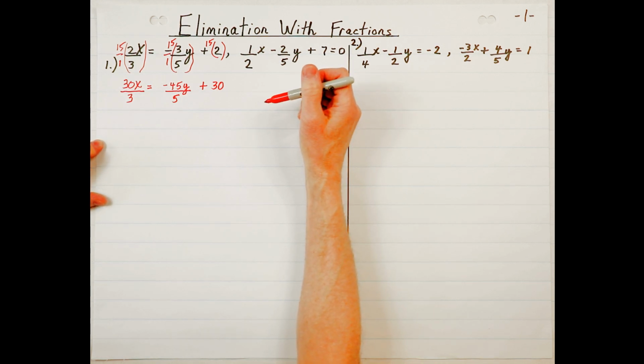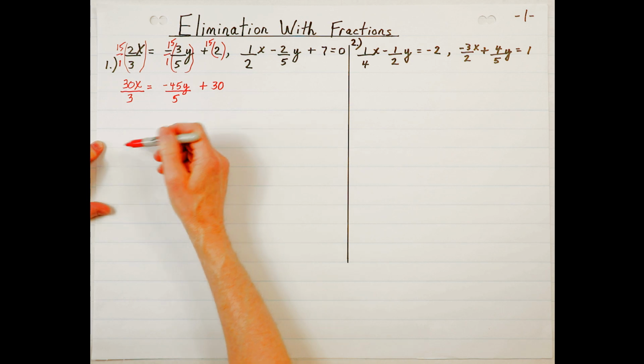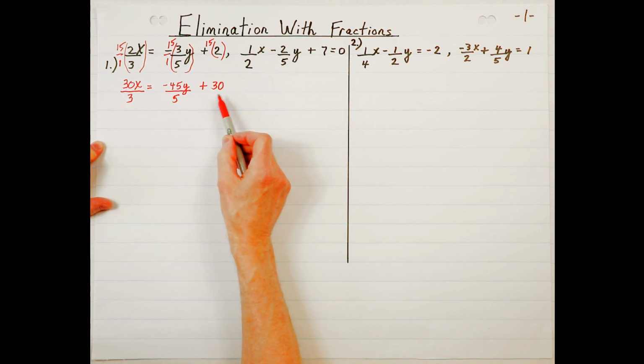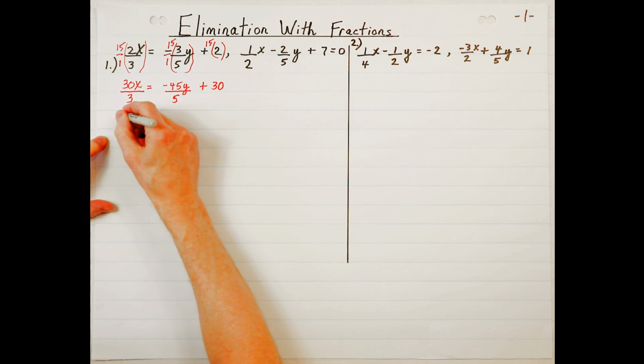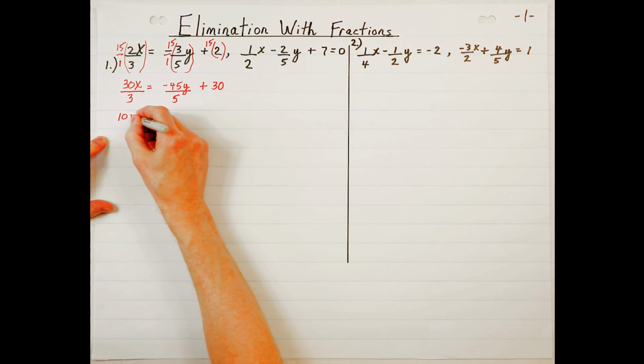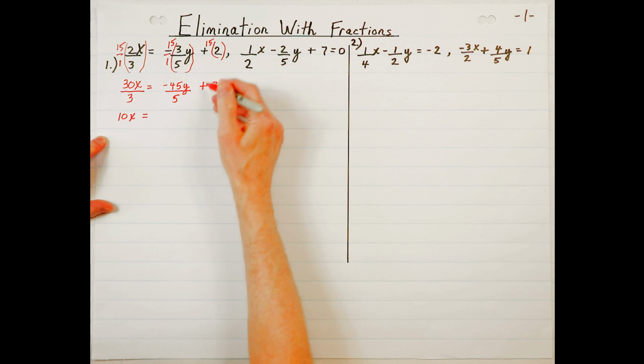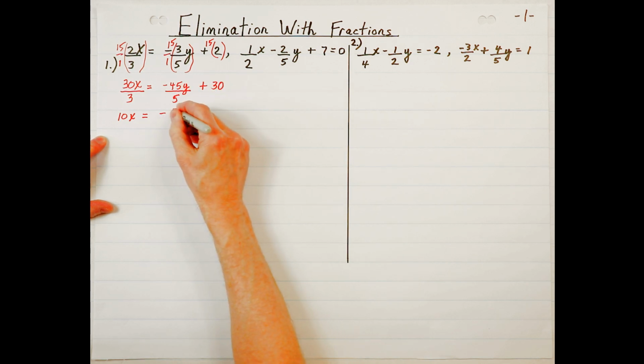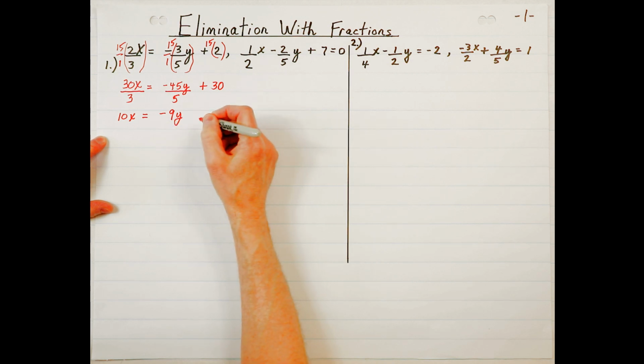Okay, step 3, divide to eliminate the fractions. 30x divided by 3 is 10x equals negative 45y divided by 5 is negative 9y, and you just bring down the 30.